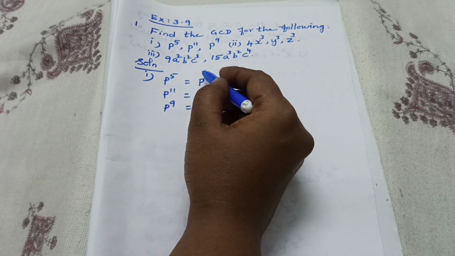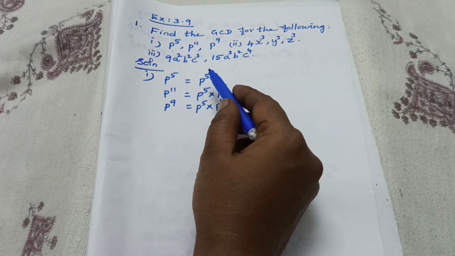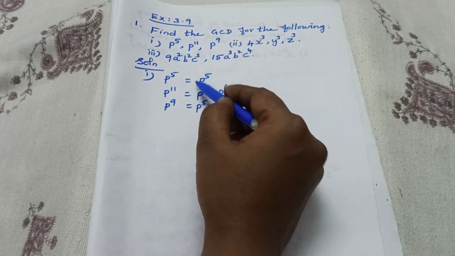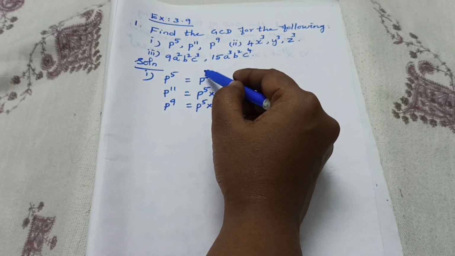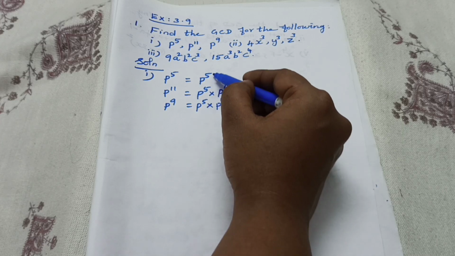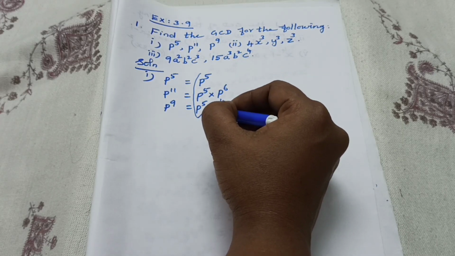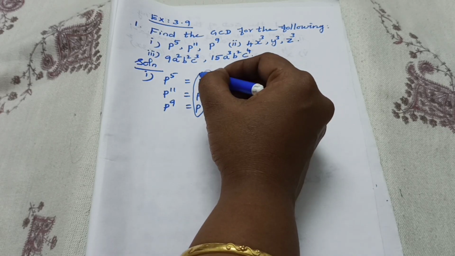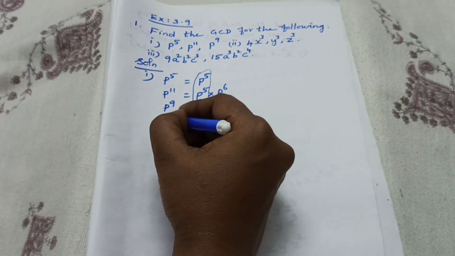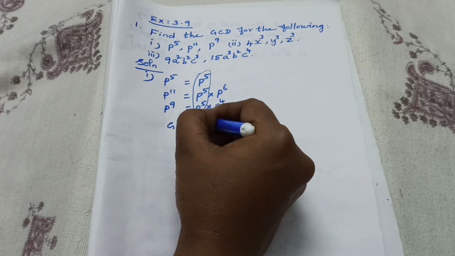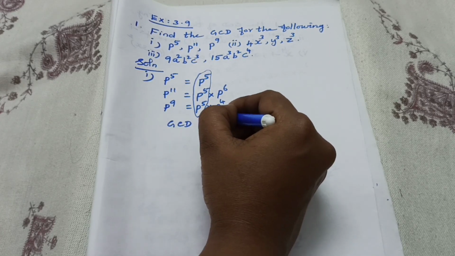Now you check it. Here how many polynomials? 3 polynomials. That is monomials, isn't it? Monomials. Then which is common here? P power 5 is common. In all 3, p power 5 is there, isn't it? Then what's the GCD? Therefore the GCD is p power 5.